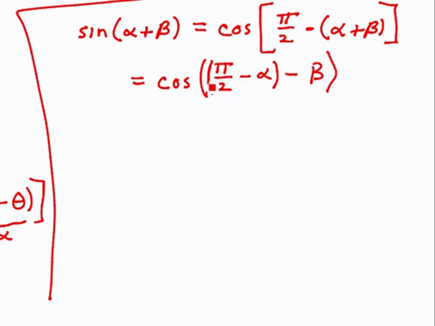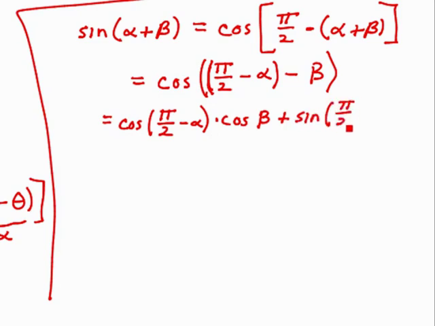So now I have the cosine of the difference of two angles. That will be the cosine of the first, which is pi over 2 minus alpha, times the cosine of the second, plus the sine of the first times the sine of the second. Remember that?